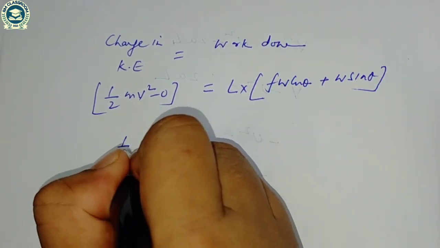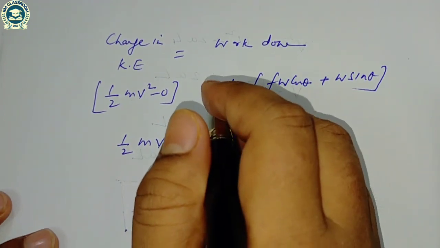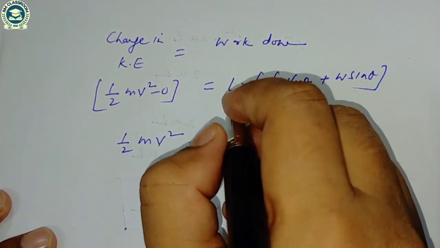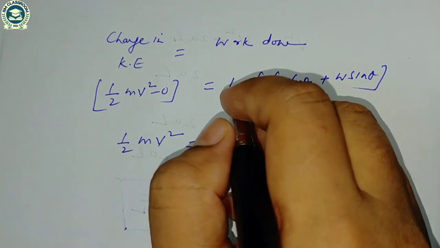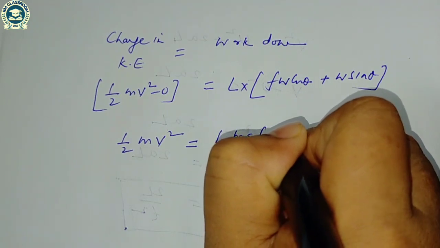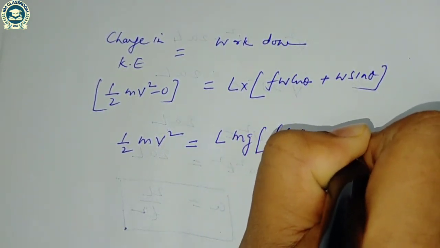So half mv square is equal to L into, if I take w common, and w is equal to mg, f cos theta plus sin theta.